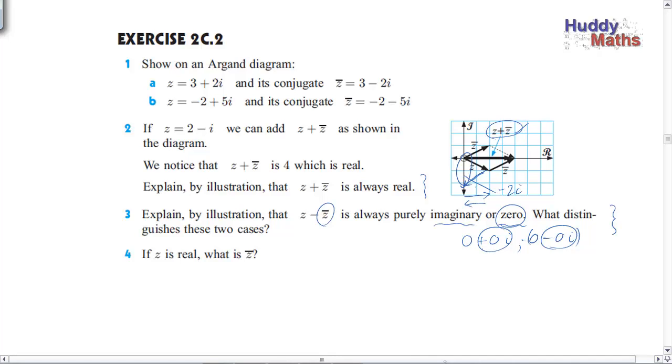So it would have to be a purely real number so that there was no imaginary part left at the end. So this would be 0 if the original number z was real. The real parts would cancel out and the imaginary part would be 0. So think about that, and you might do it also algebraically. All right, let's go on and have a look.